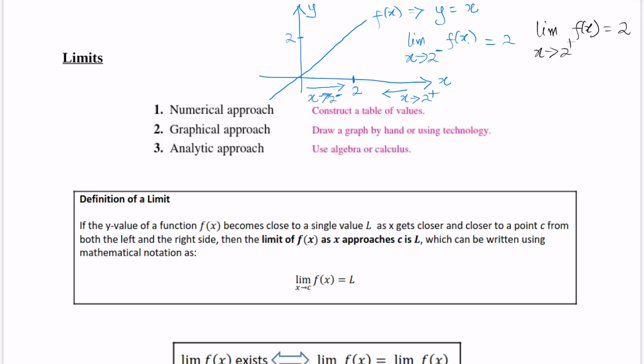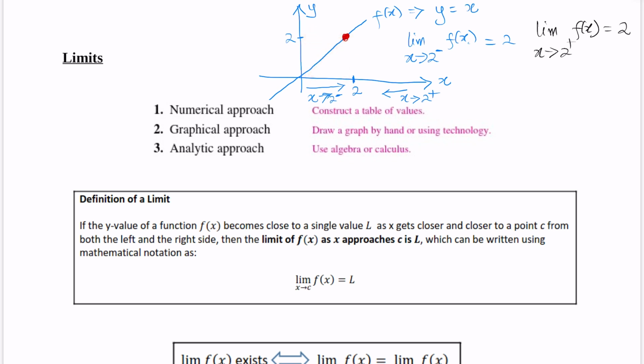So this is our graph, and you realize that the point here is 2. So this is the right side of 2. As I approach 2 on the graph from the right-hand side, the value that I have here is 2. And as I approach from the left of 2, as I get closer and closer to 2, the value here is also 2.